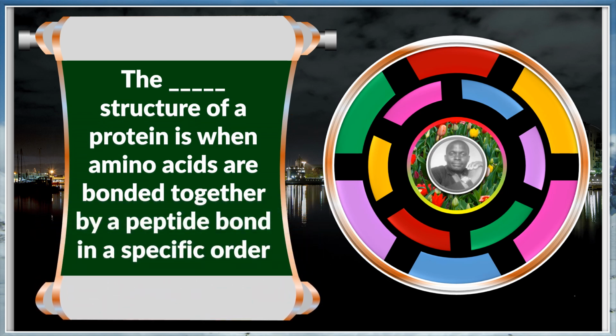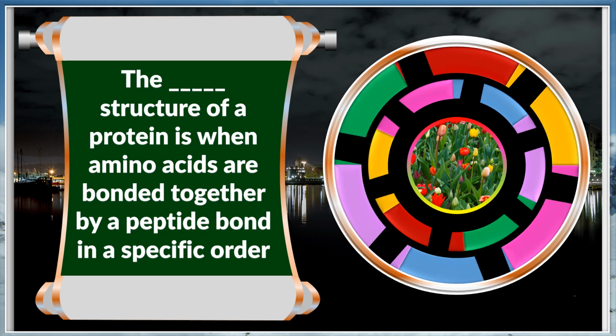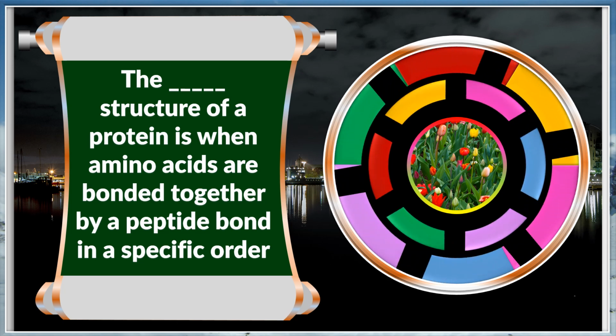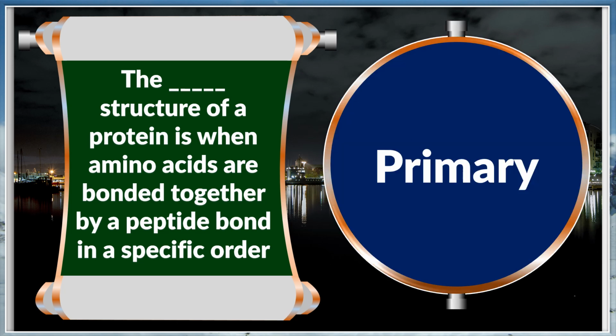The dash structure of protein is when amino acids are bonded together by a peptide bond in a specific order. Primary.